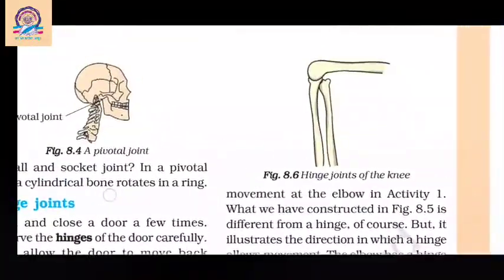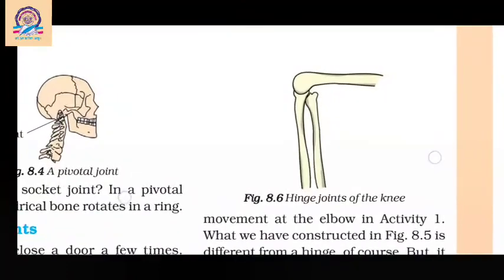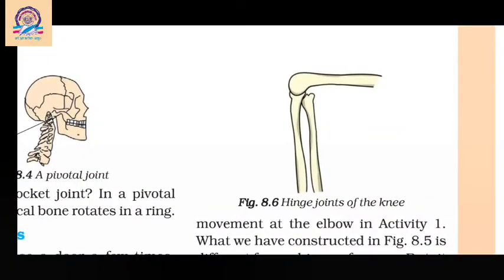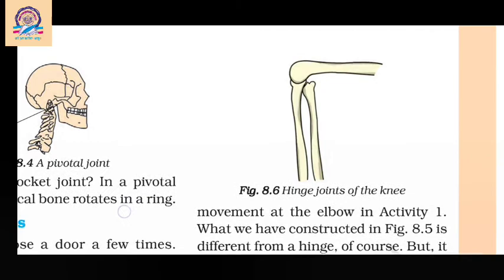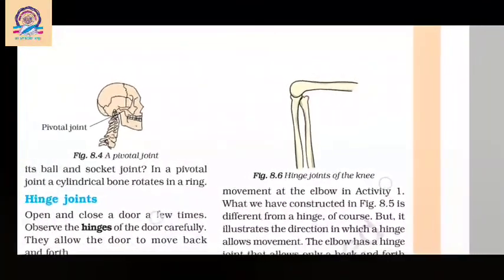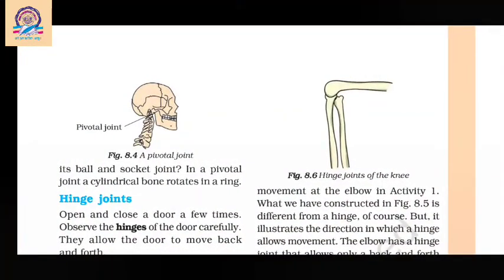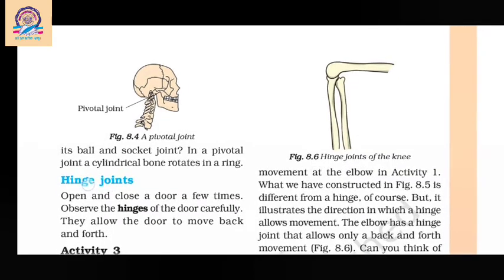As you can see in figure number 8.6, they have given hinge joints of the knee. These are the different examples of hinge joints. Hinge joints allow the two bones to move back and forth, like when we open the door and close the door, and there are hinges present.